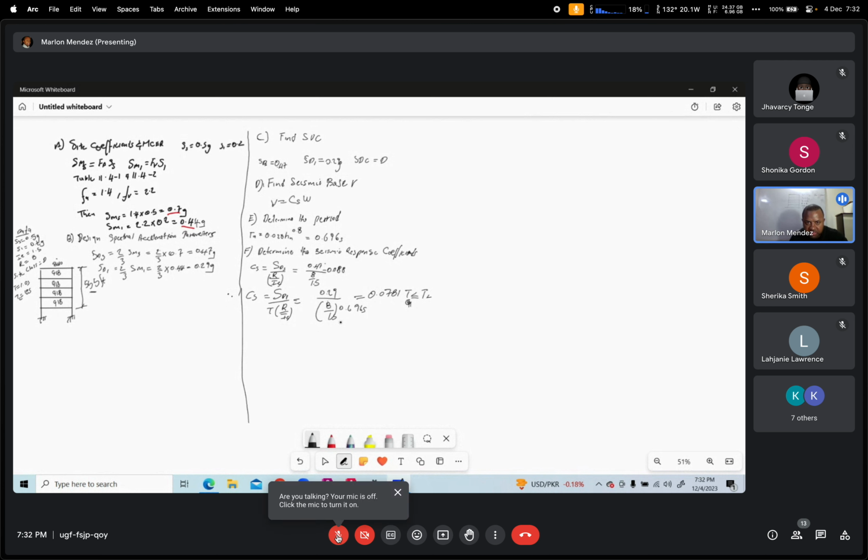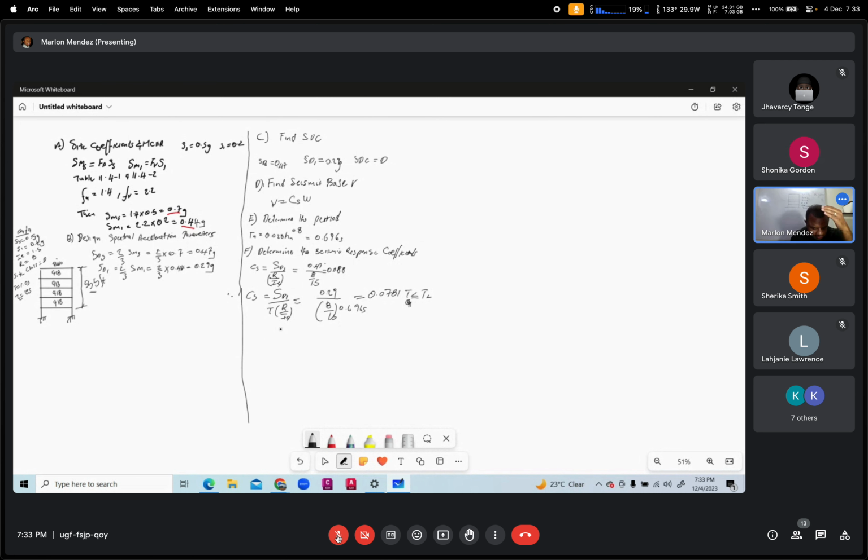If you recognize, these are two different equations. So, sir, in order to use that Cs equation, you have to determine that Ta is less than TL, and you gave us TL and we determined Ta, which basically makes it valid.